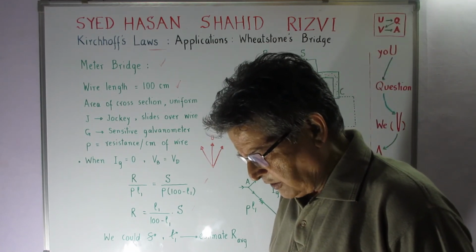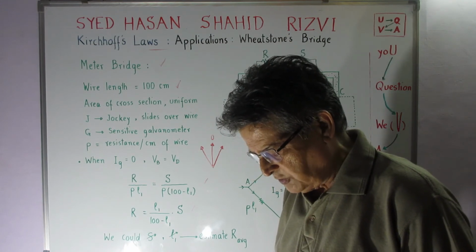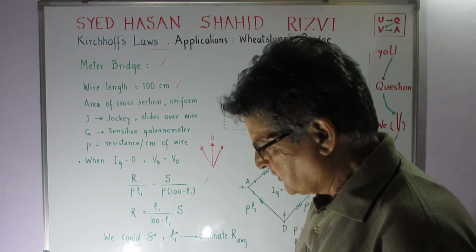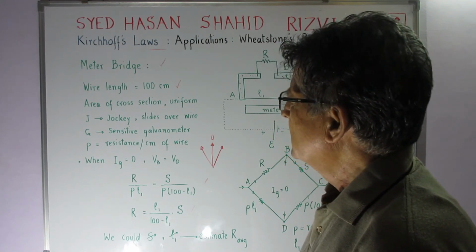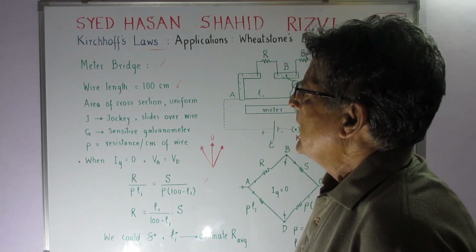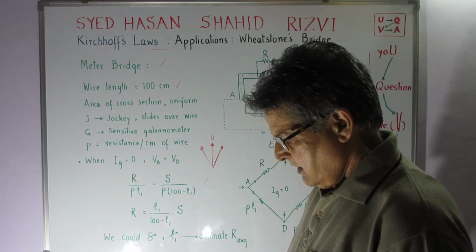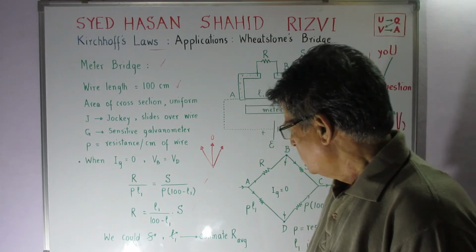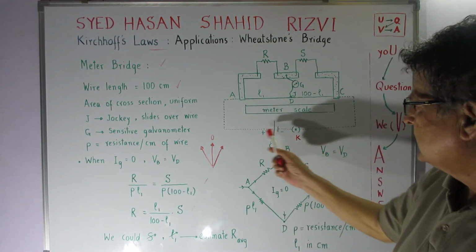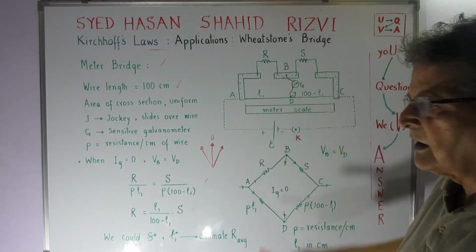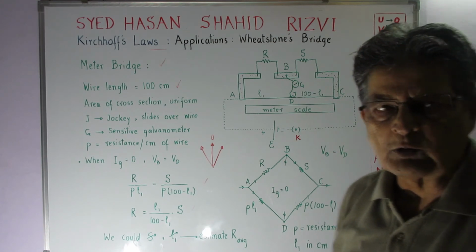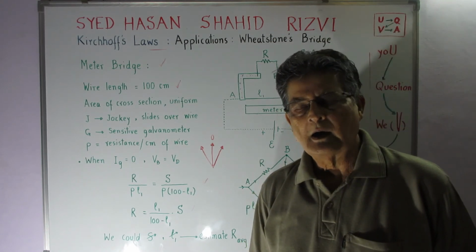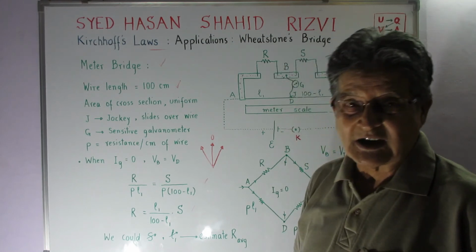There are many other variations of Wheatstone's bridge, for example, Carey Foster's bridge and many other things which are available. The bridges function not only on direct current, but there are AC bridges also, where we require some kind of detection mechanism.